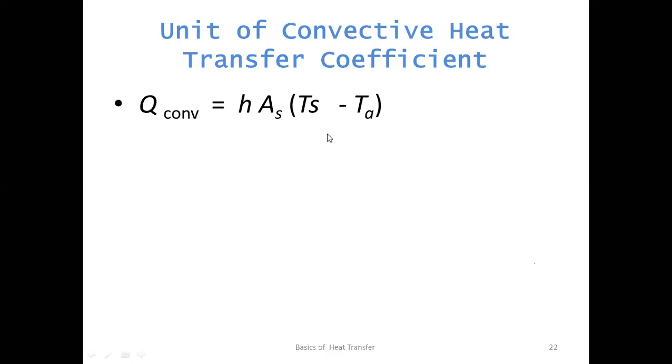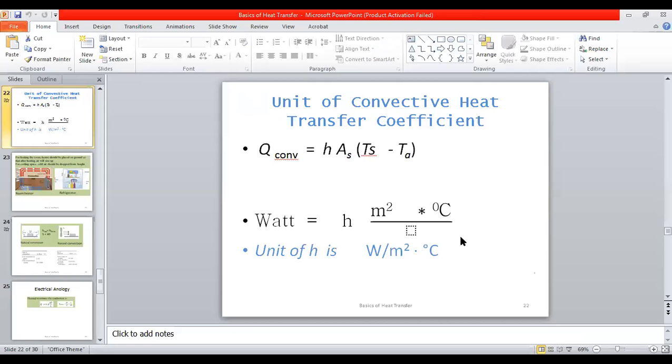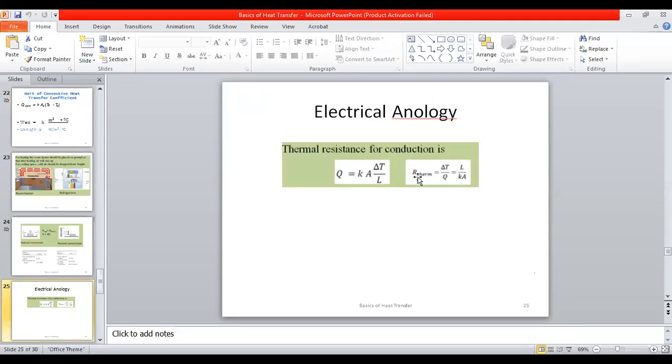Equal to Q convection upon HA delta T? No. See, what is the formula for R? Thermal resistance is delta T upon Q. Can you see this?